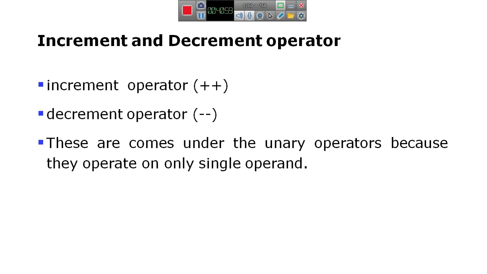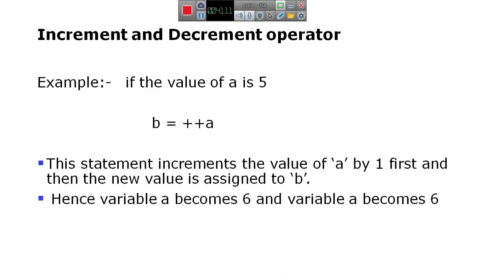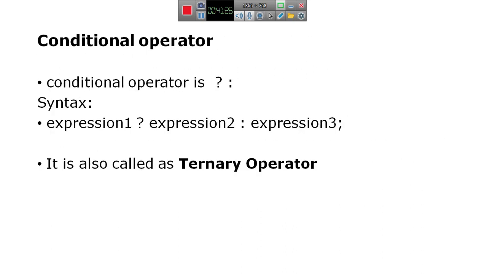Increment and decrement operators are unary operators, and this is an example of them. The conditional operator is called the ternary operator.